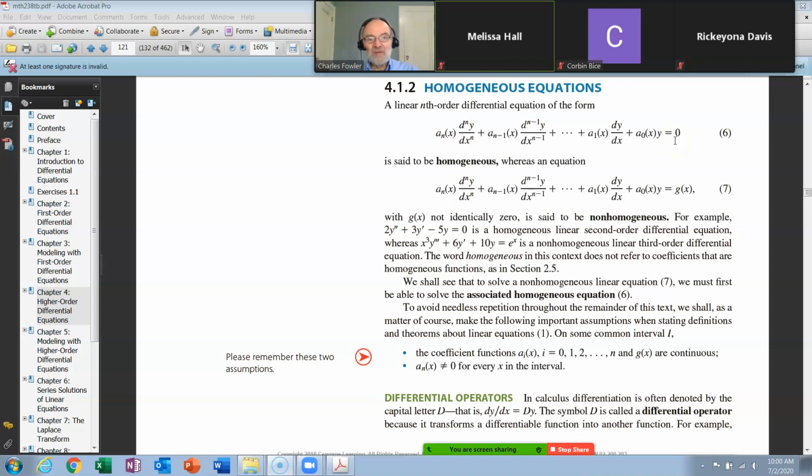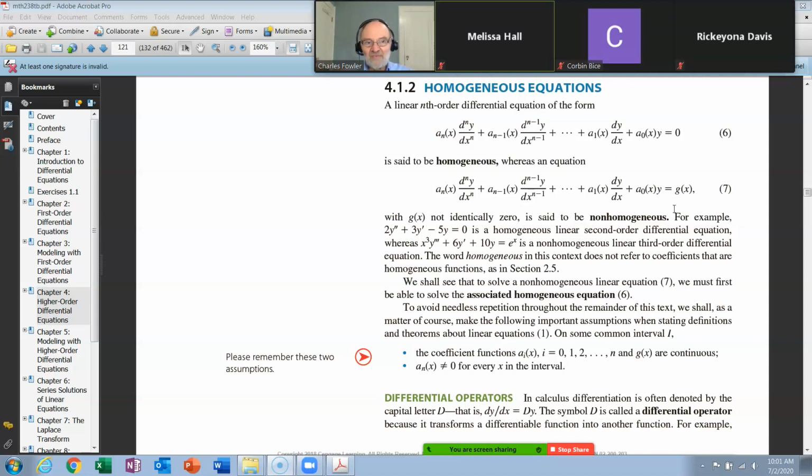Now, in general, everything else can look exactly the same, but if you had anything over here, a g of x, that g of x could be a constant, as long as it's not 0: 7, 3 halves, 1, -1, pi fourths, whatever. If that's a constant, that's not homogeneous, that's non-homogeneous.